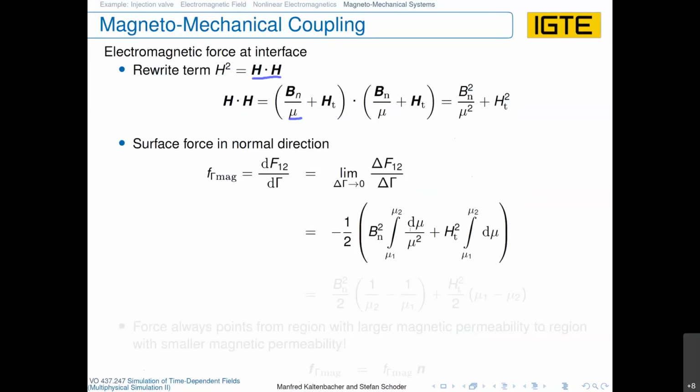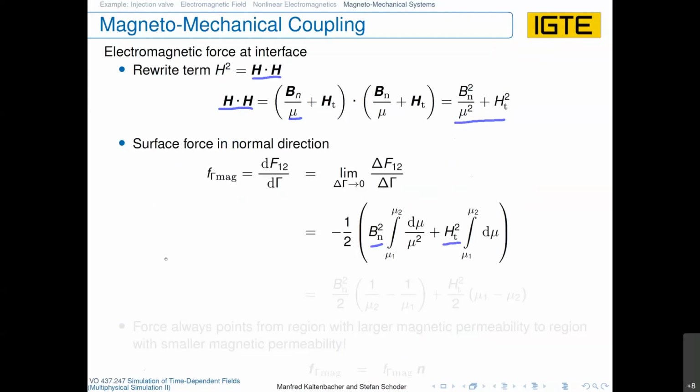For the first term, we have this h squared or h dot h expressed by this term. So we have to integrate once the term 1 over permeability squared, and this is scaled by the normal component of the magnetic induction. And once we just have to integrate the function 1 from the limits mu1 to mu2 and scaled by ht, so the tangential component of the magnetic field intensity squared.